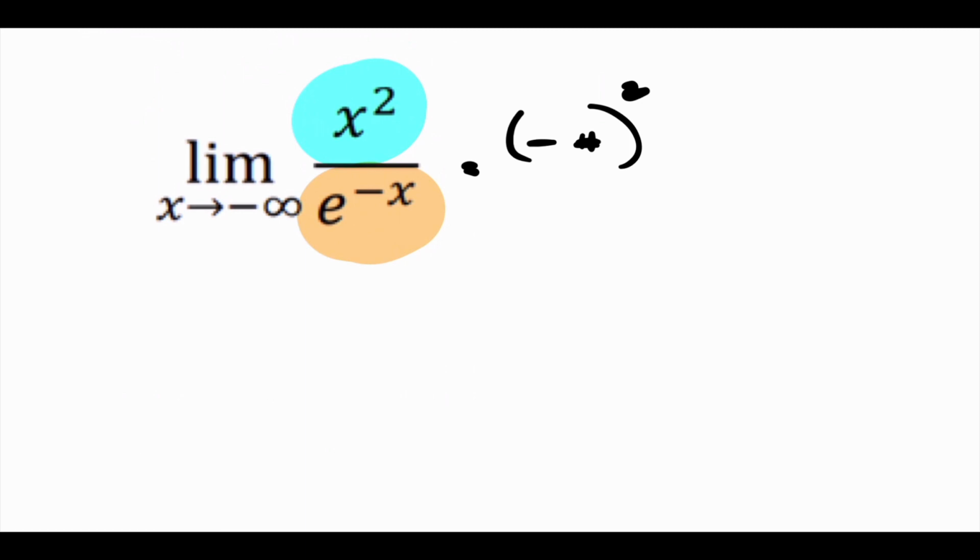That's a polynomial. X squared is a polynomial. The bottom is exponential. But when I plug in a really, really small number, it's going to be a negative times a negative, right? So it's going to be e to that number.